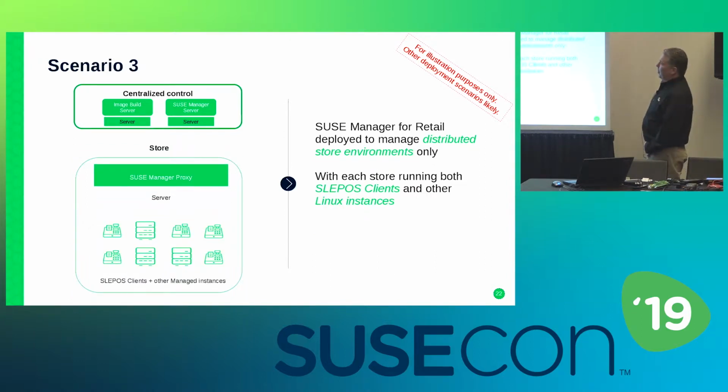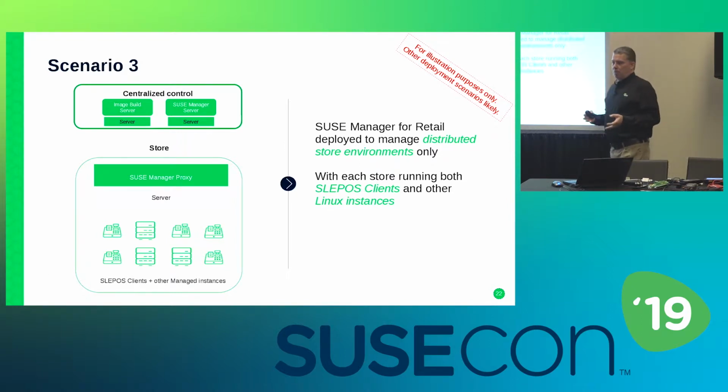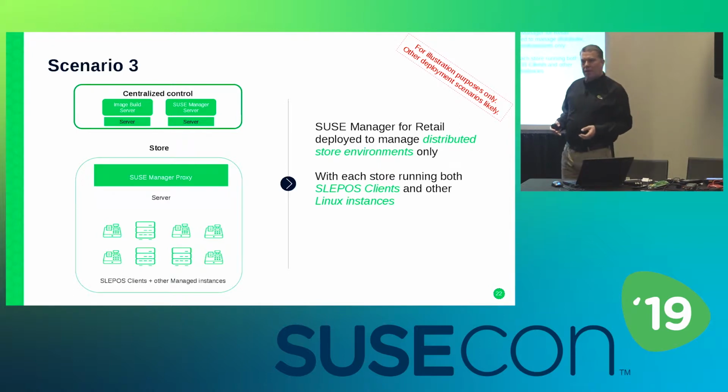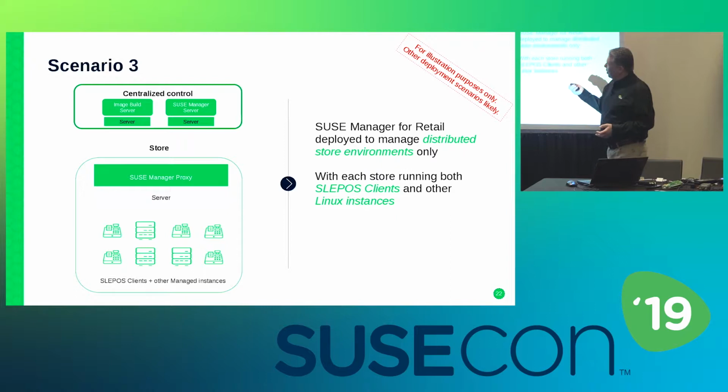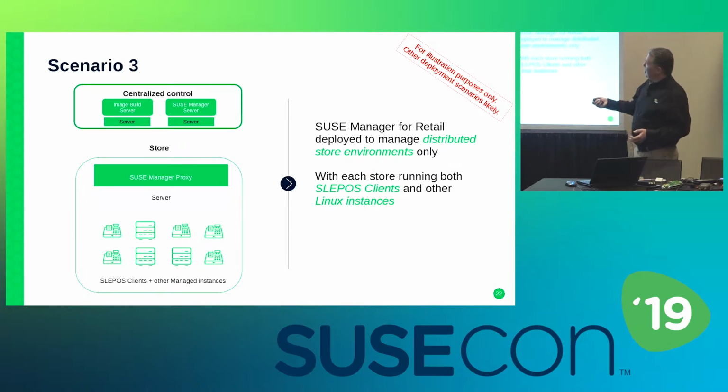And the third scenario that I listed up here is one where you're saying, well, in the store, I'm managing not only my point of service devices, but I'm also managing other servers. Then your setup would look something like this. All of these are of course supported.